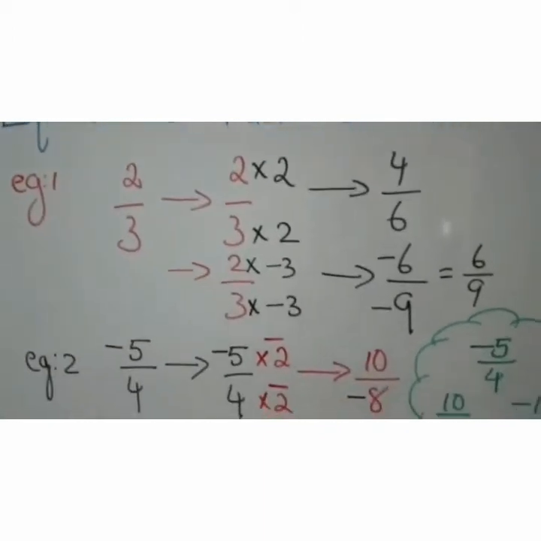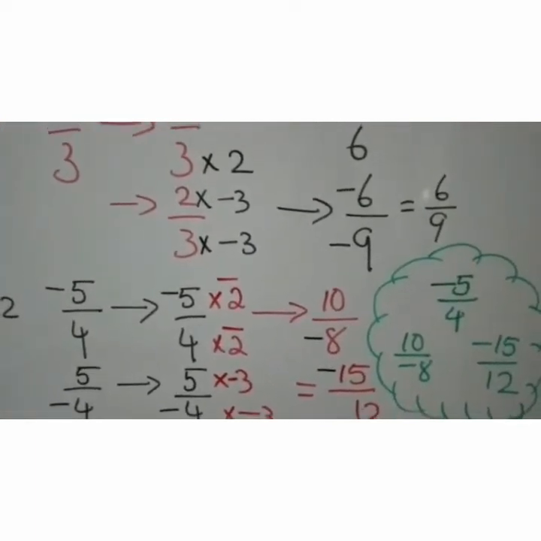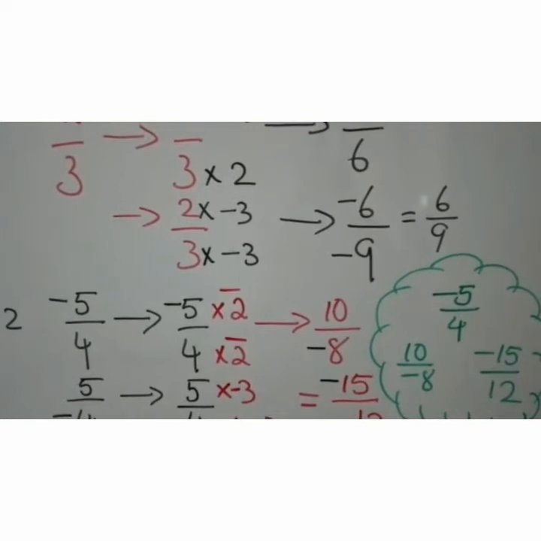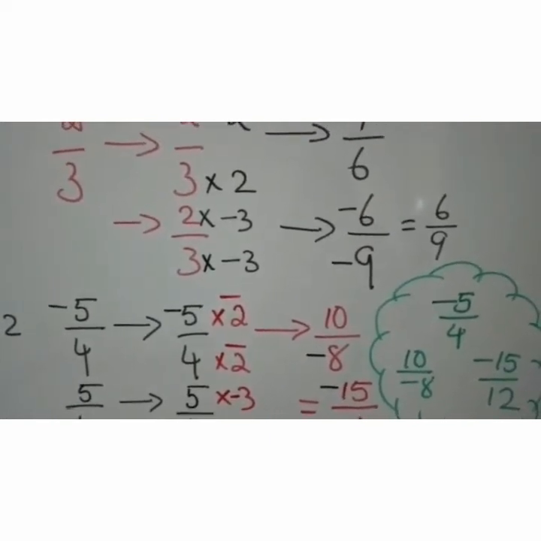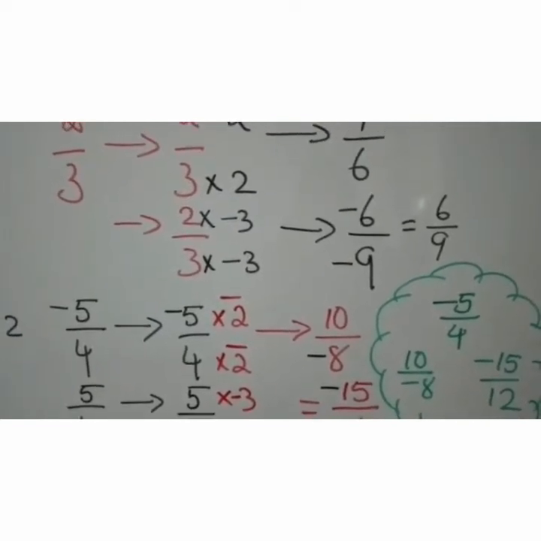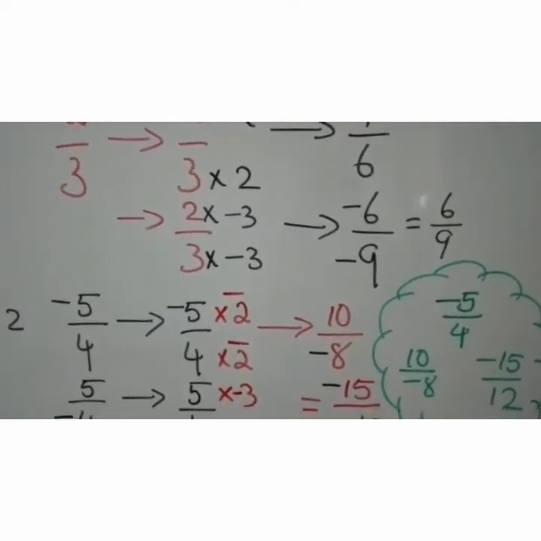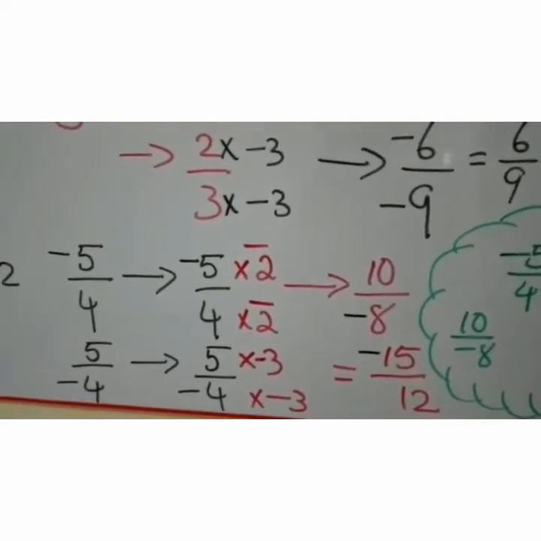Okay. Next example, example 2, negative 5 divided by 4. When you multiply both the numerator and denominator with negative 2, you will get negative 5 into negative 2, which is equal to positive 10, positive 10 divided by negative 8. In the second, 5 divided by negative 4.